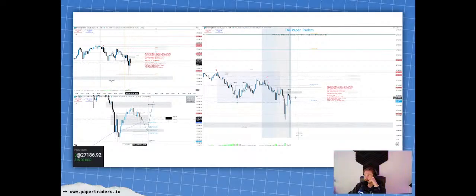So there's that 1 minute fair value gap that we would need to get above in order for some sort of continuation. Okay, taking one off there. Order filled. That was a good average for us there.